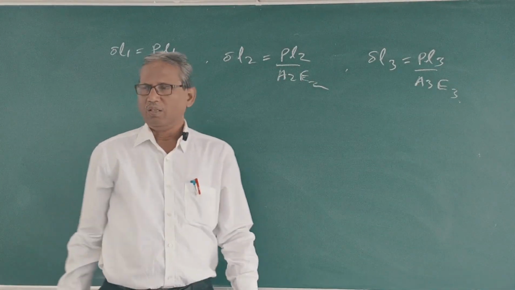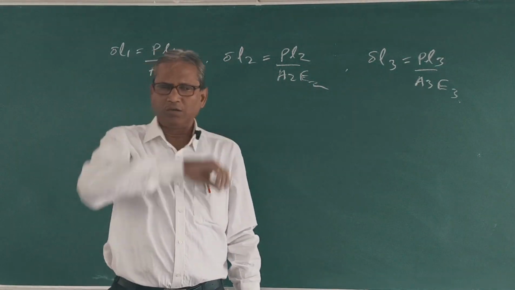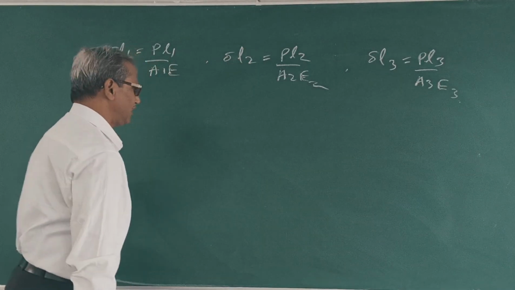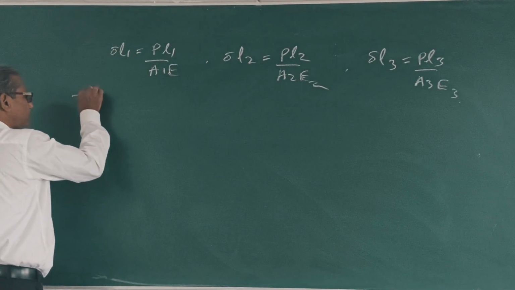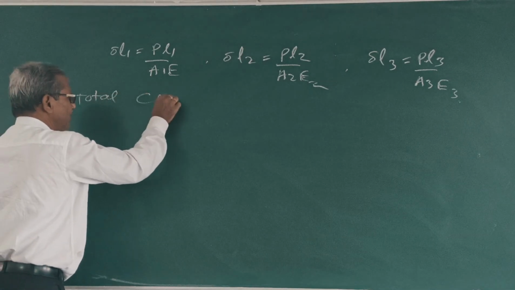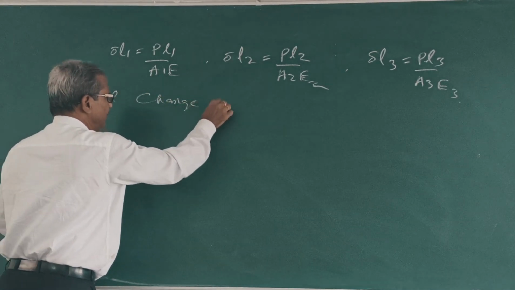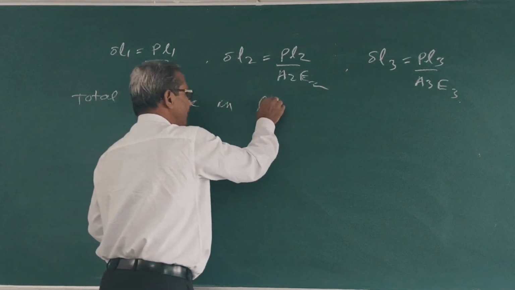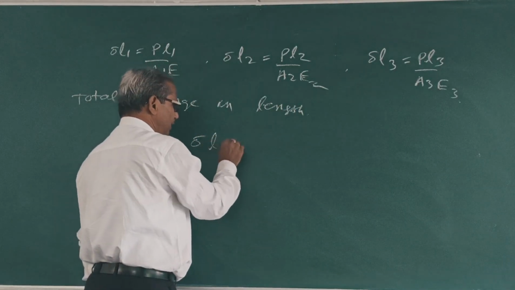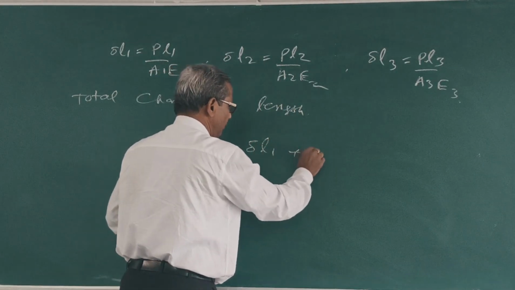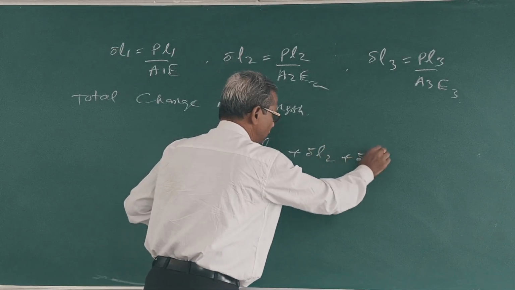Clear? The total change in length, delta L, is delta L1 plus delta L2 plus delta L3.